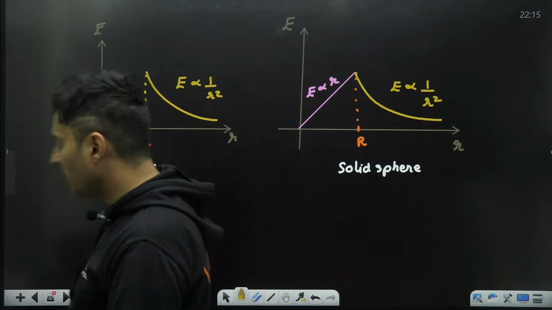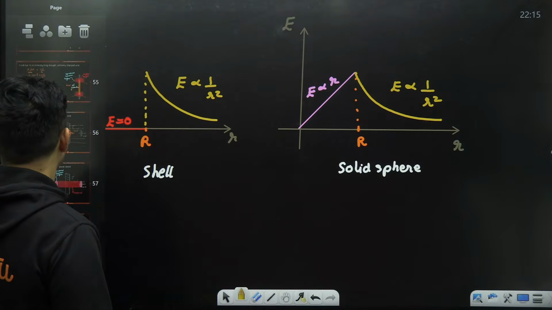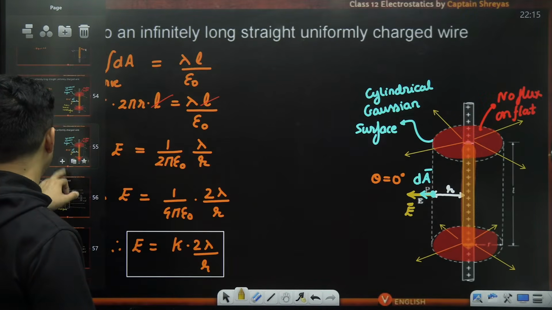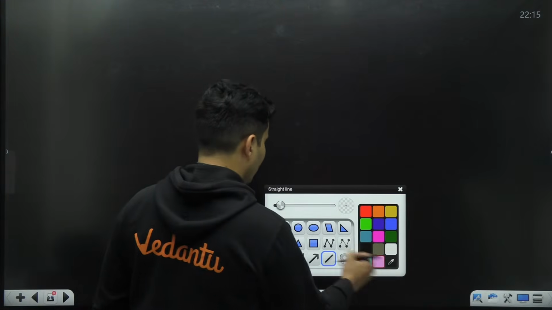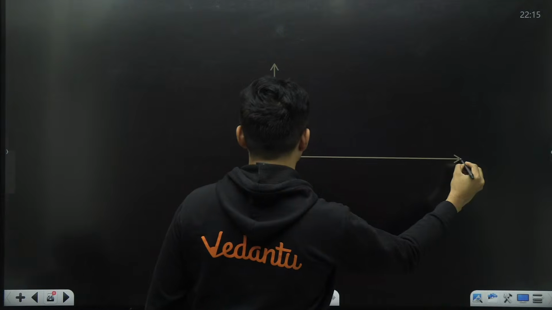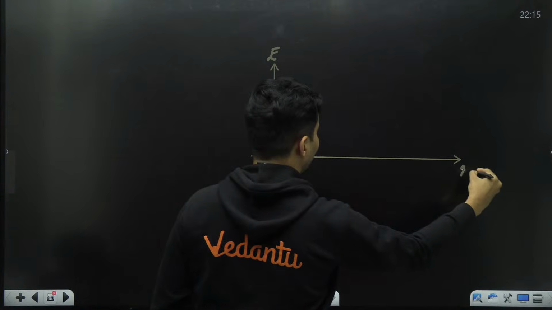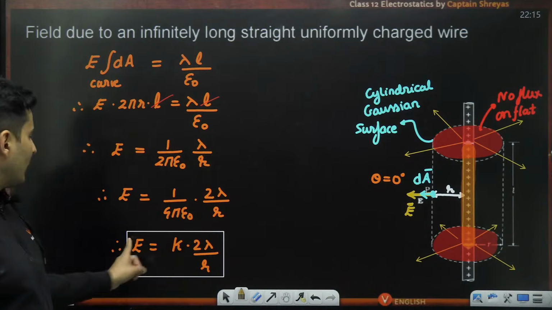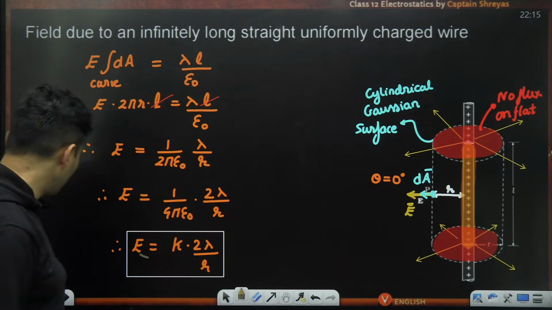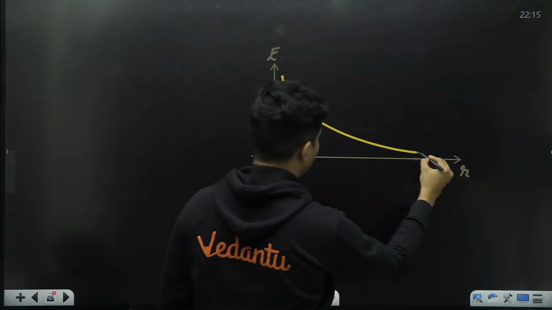Perfect. Amazing. Similarly, you can also draw the graph for a cylindrical shell, for an infinitely long wire. How will the field look like with distance? As you can see over here, it is inversely proportional to R. So it will look basically like this.